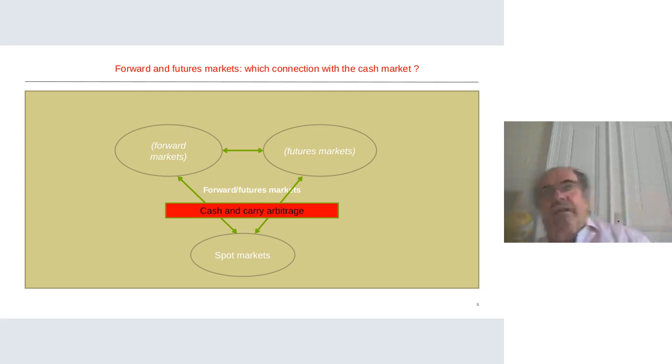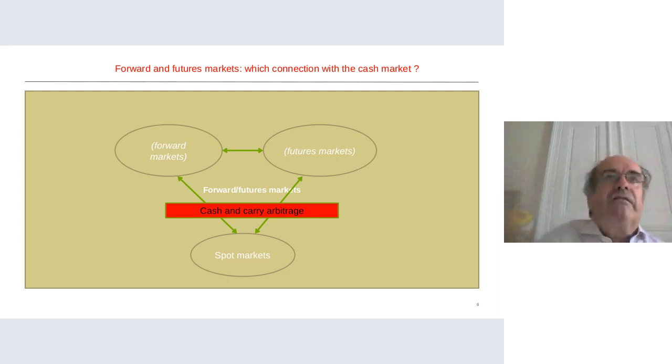Let me give you an example. Say you want to buy an equity, for instance Amazon, in 3 months. Amazon is traded on the spot market at $100.